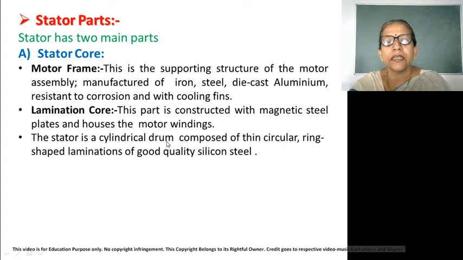The stator is a cylindrical drum, and while fabricating it, it is composed of thin circular ring-shaped laminations of good quality silicon steel. Remember that the cylindrical drum we use for the stator as a core is not a solid structure but is formed by lamination of thin circular shaped silicon steel material.